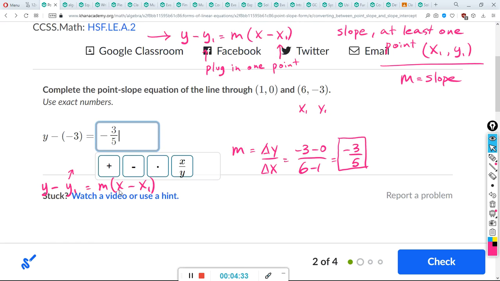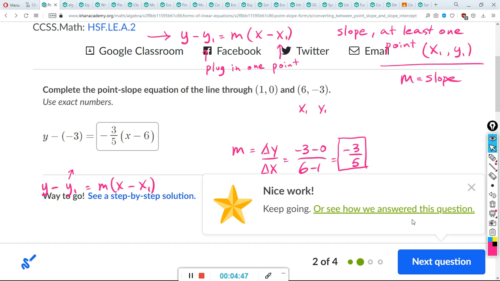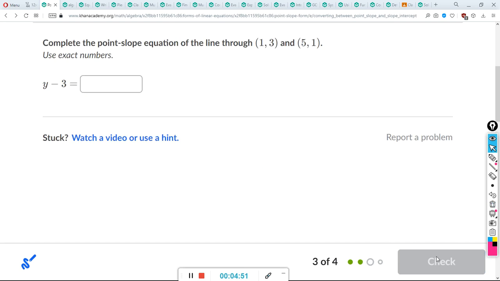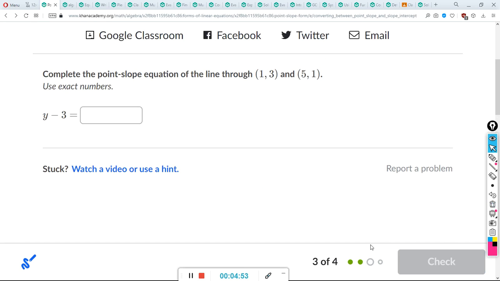That's going to be x minus x1. So in parentheses, I'm going to do x minus x1, which we said was 6. So I think these are all the same.